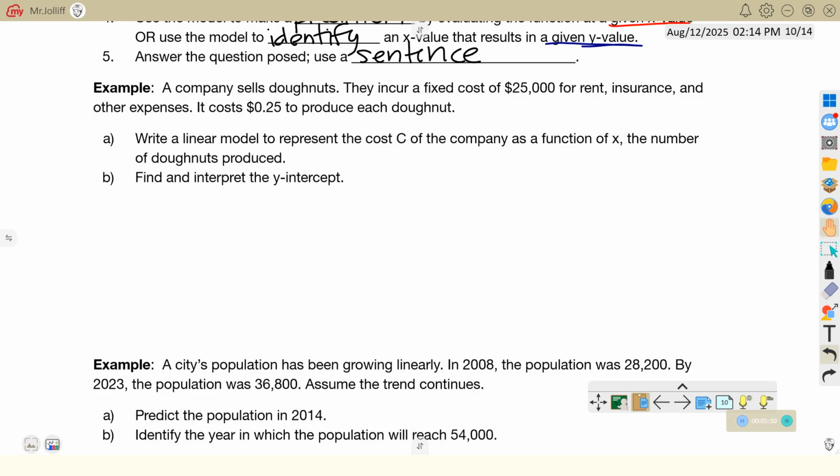Write a linear model to represent the cost C of the company as a function of X, the number of donuts produced. Find and interpret the y-intercept. So, write a linear model. That means write an equation. We want an equation that models the cost of a donut.